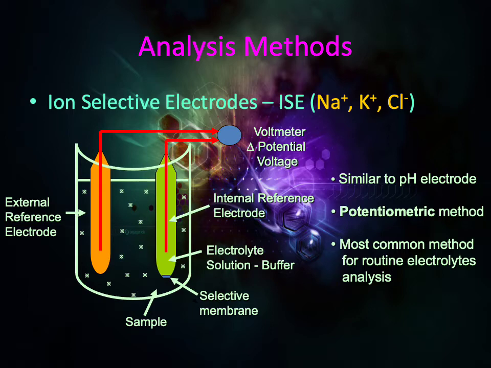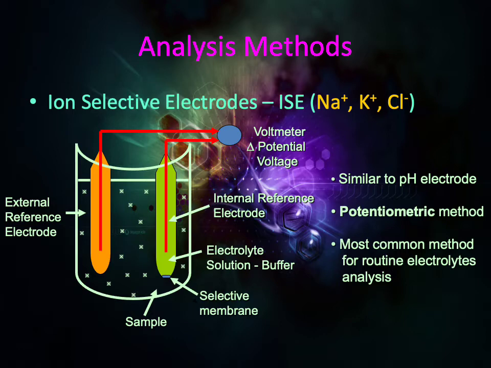With half-cell electrodes, the circuit is completed by immersing both cells into an electrolyte solution. Voltage is provided by the external reference electrode, which is orange in the slide. The salt bridge is the patient sample.